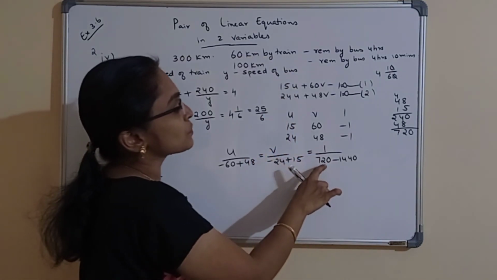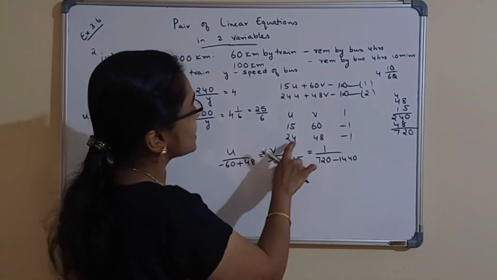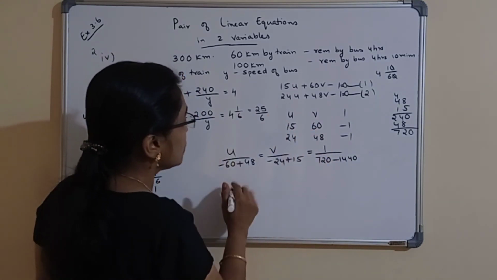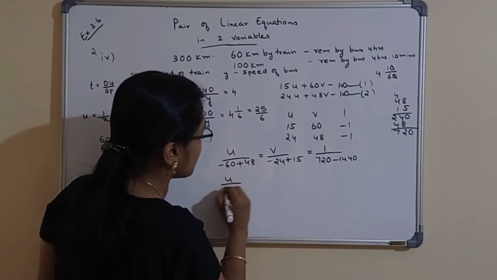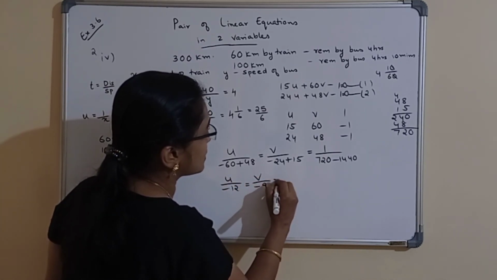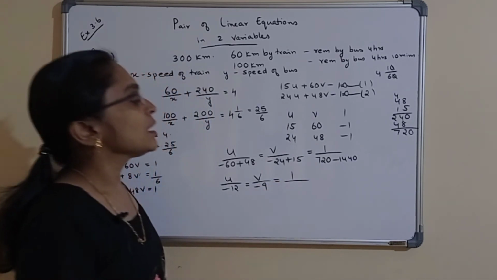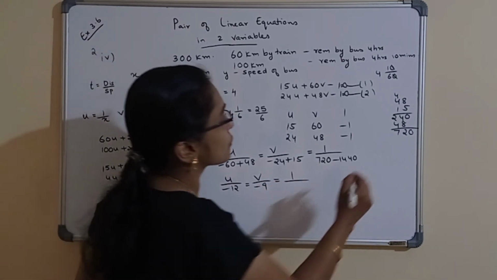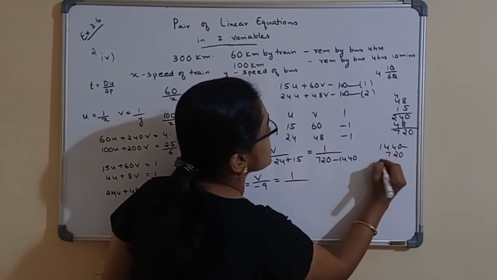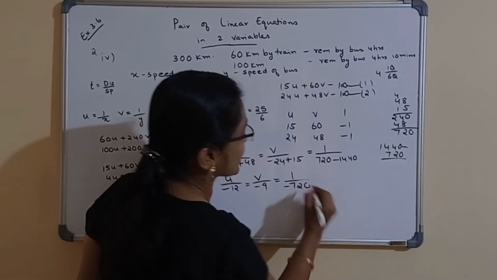So this is equal to 1 by 720 minus 1440. Now this is u by minus 12 is equal to v by minus 9 is equal to 1 by 720 minus 1440. That is 720 minus 1440, which is minus 720.